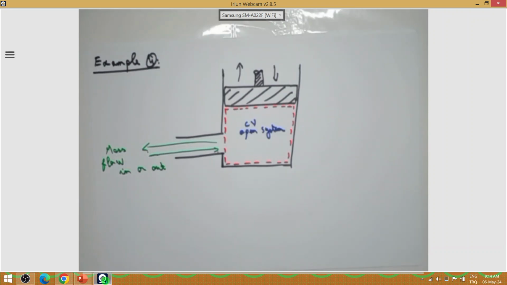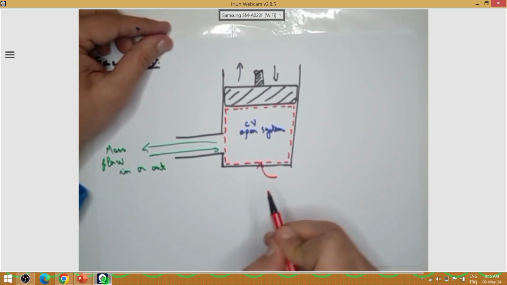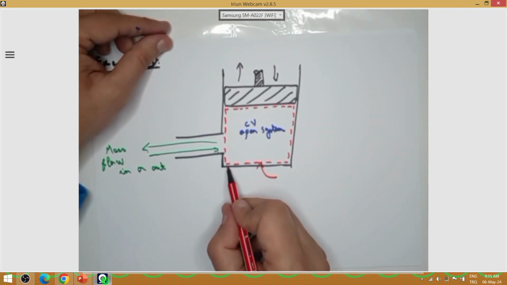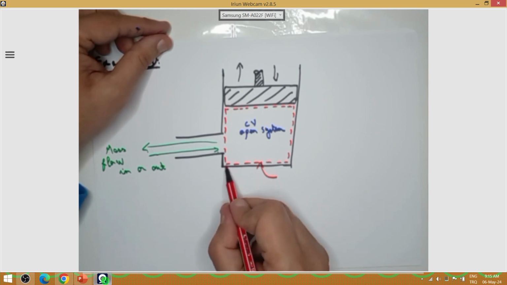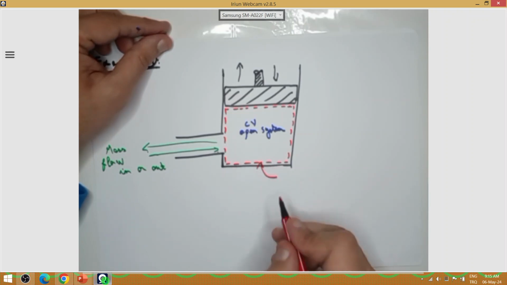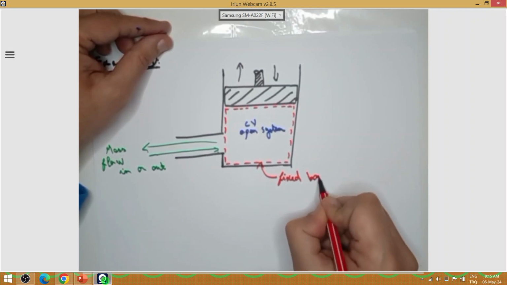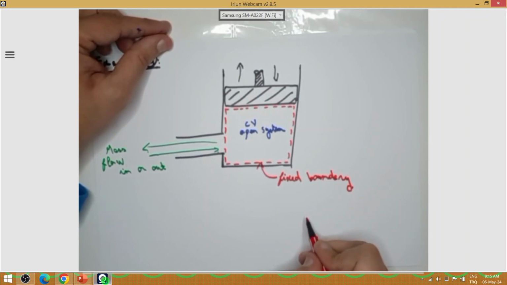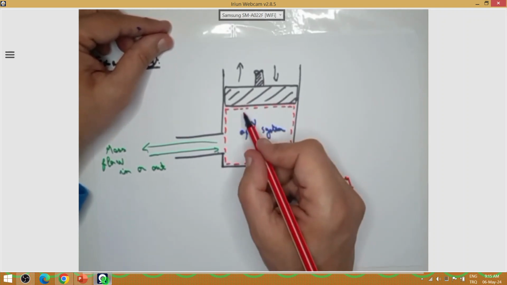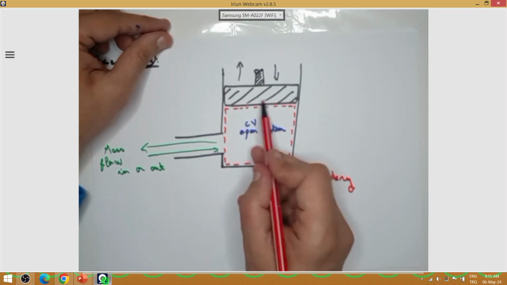So this boundary that we can see here, since this part of the cylinder is not moving, it is fixed. So this part of the boundary I can call a fixed boundary. But this part of the boundary is moving, since this boundary moves with the piston.